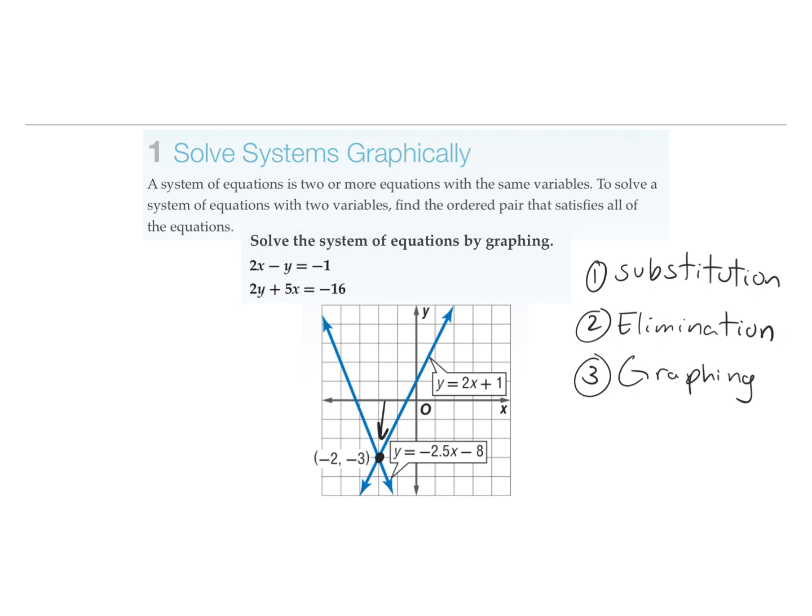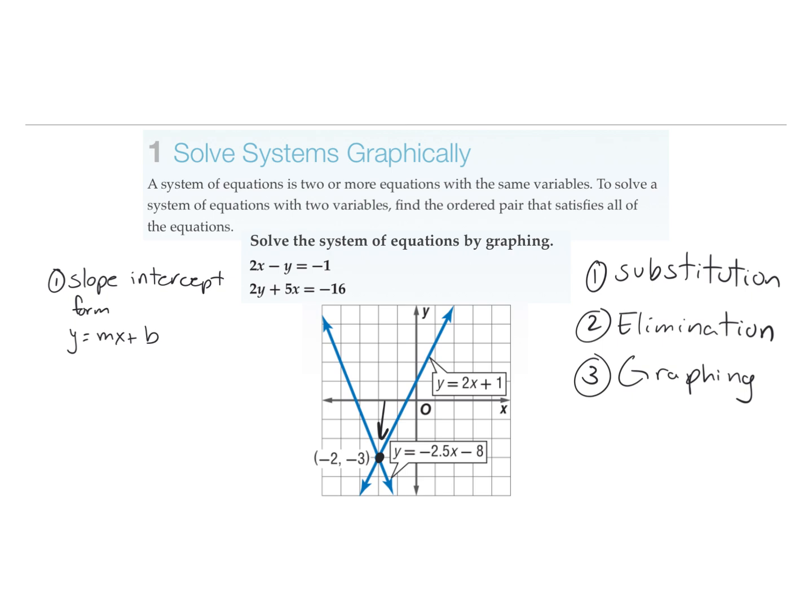Now, how do you graph? Remember, we want to put it into slope-intercept form. That is y equals mx plus b. And then after, you can graph by the y-intercept and with the slope.